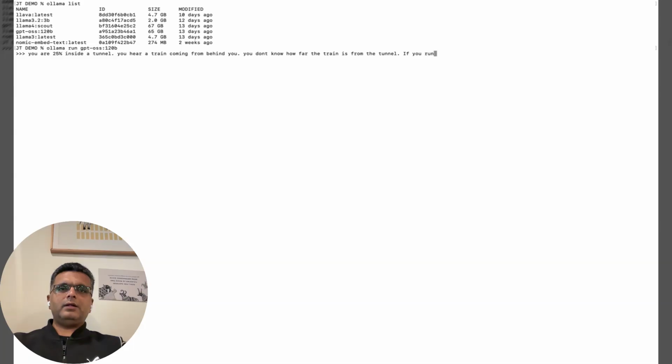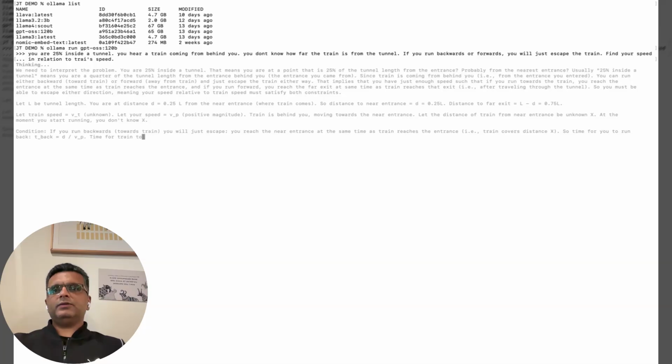If you run backwards or forwards, you will just escape the train. Find your speed in relation to train speed.